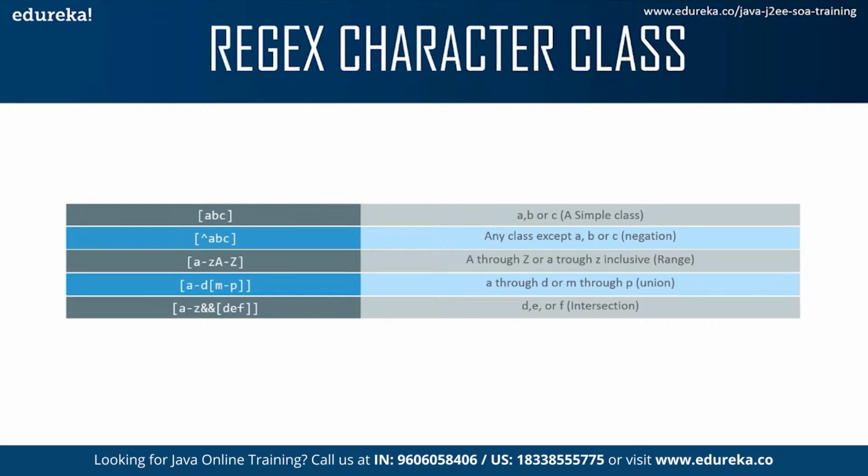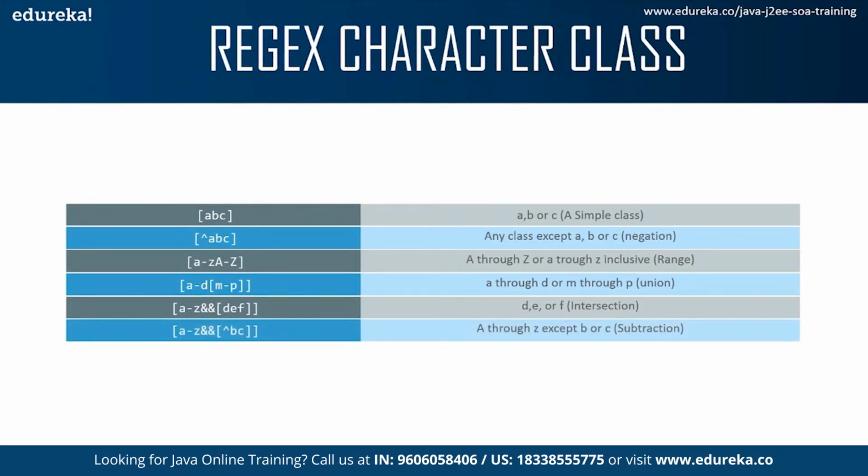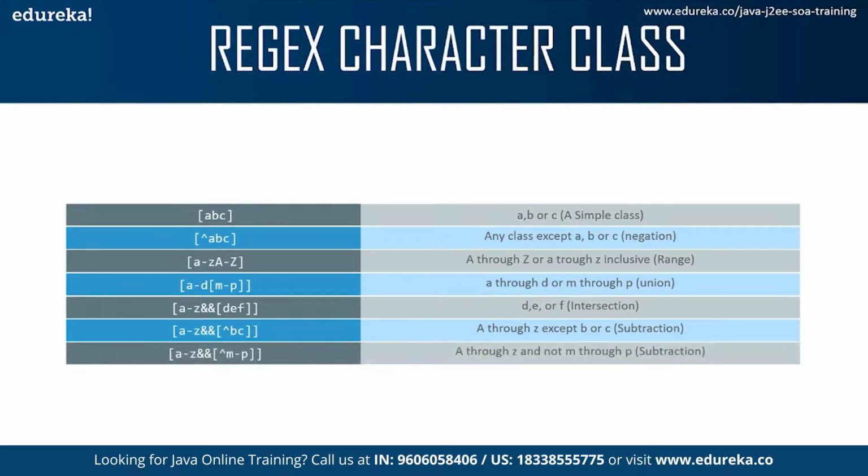And next you have a through z except for b and c, that is a-z with b and c removed. That is a subtraction, where you have to negate b and c. And the last one is a through z and not m through p. So these are the various categories of a character class. Let's again take a small example and understand whether this works fine or not.